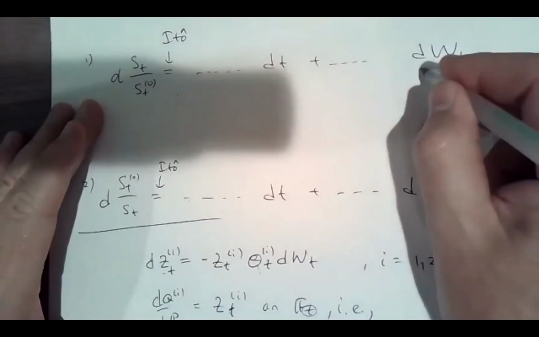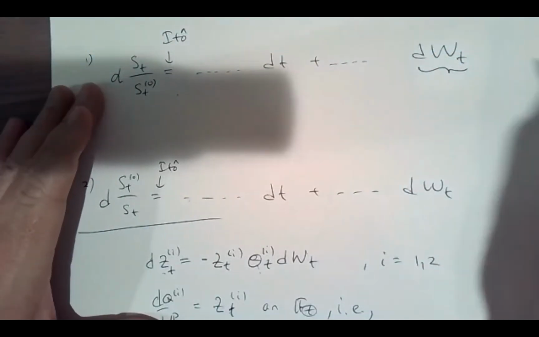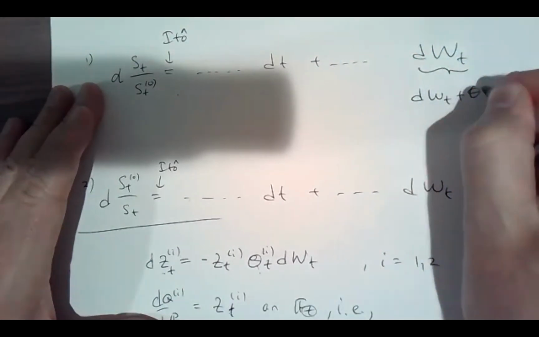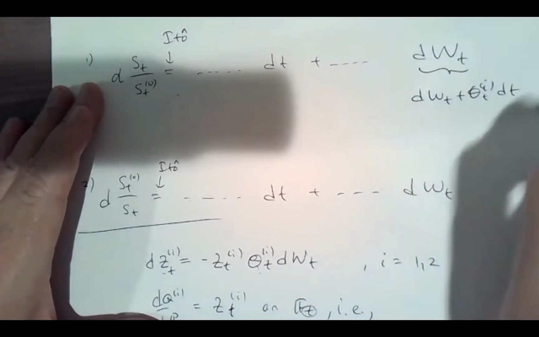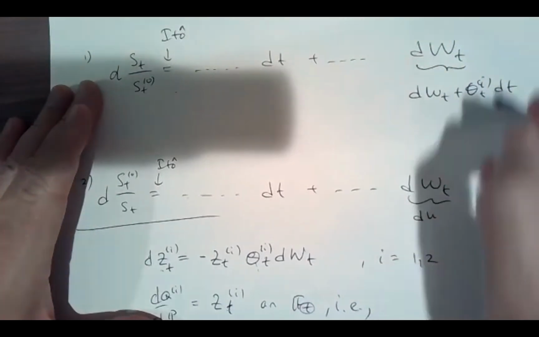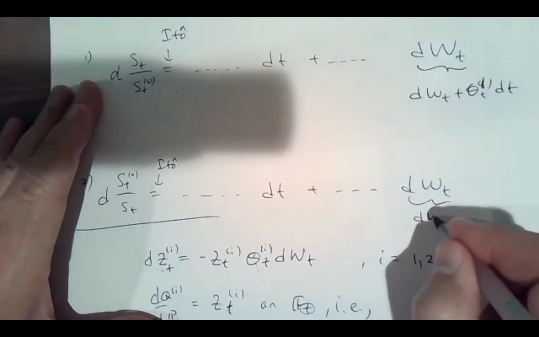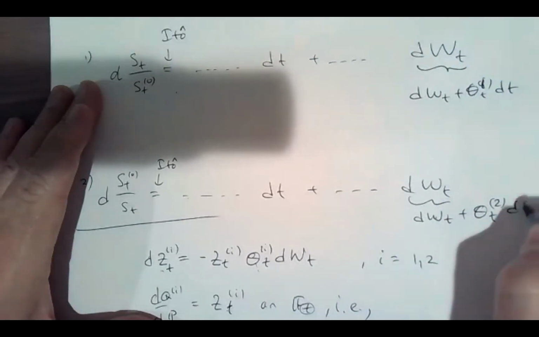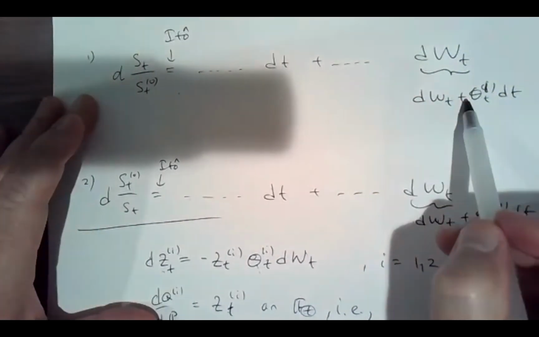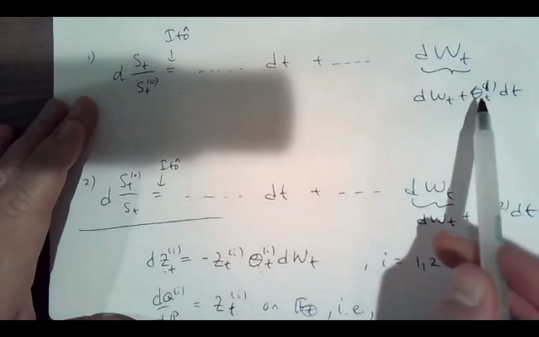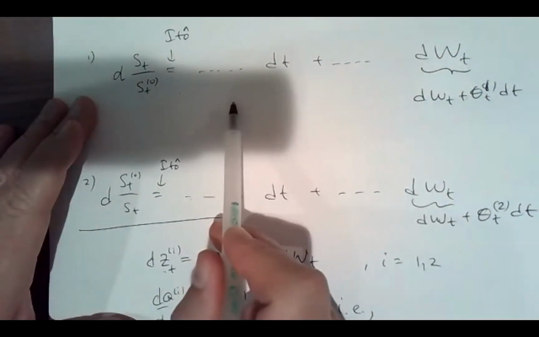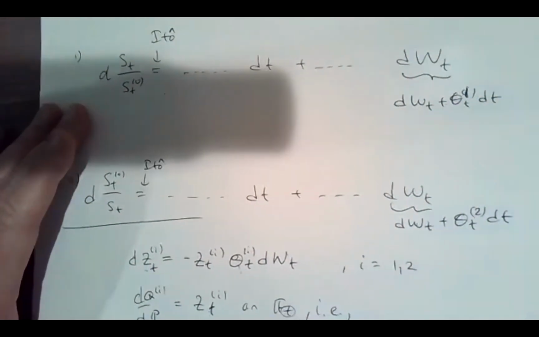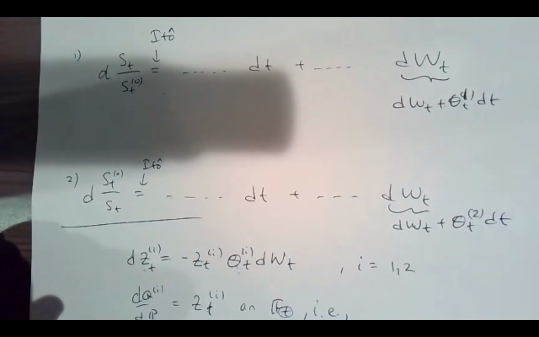So then you change the measure. This one here is going to become dW_t plus your theta^i dt, and the same thing here. This is a 1, the other one is going to be a 2. And then, of course, you have to make sure that it works. This term you're adding over here should be subtracted over here, and then you make everything that's inside here equal to 0. Okay, thank you.